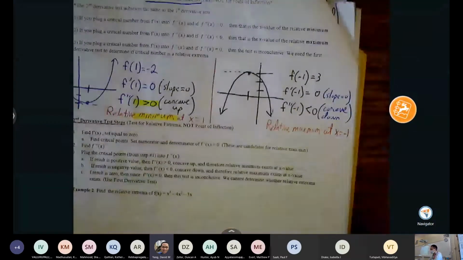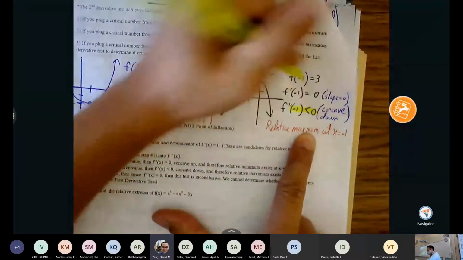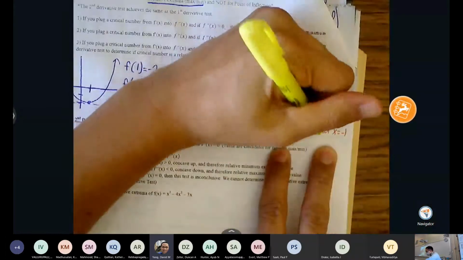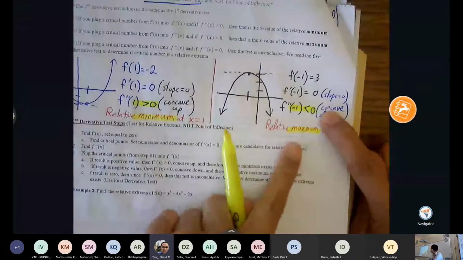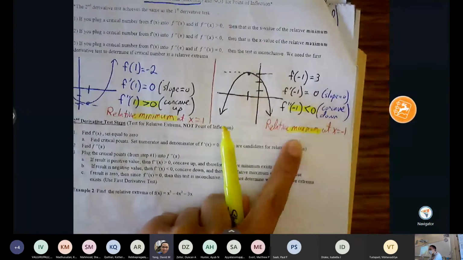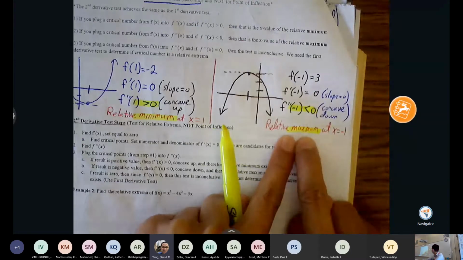Okay, likewise over here, if you see a negative value for concavity, and if you don't make any additional connections, I think it's tough to match these together. I think we want to associate negative with minimum and positive with maximum, but that's not the case. Okay, so negative concavity is going to connect with maximum.